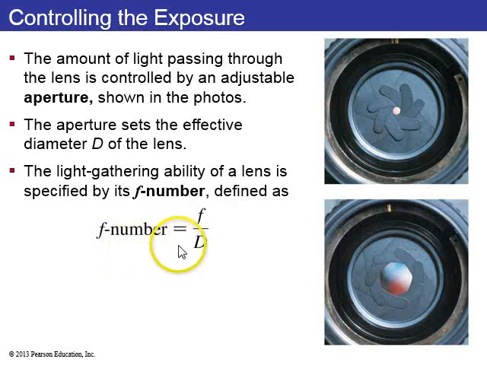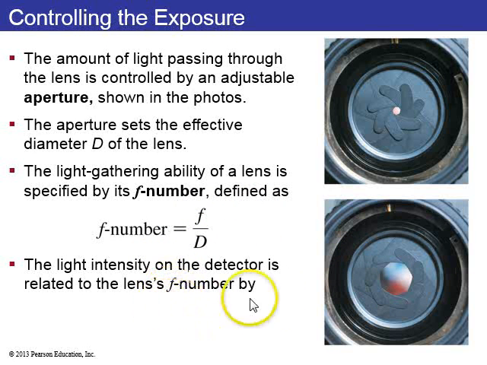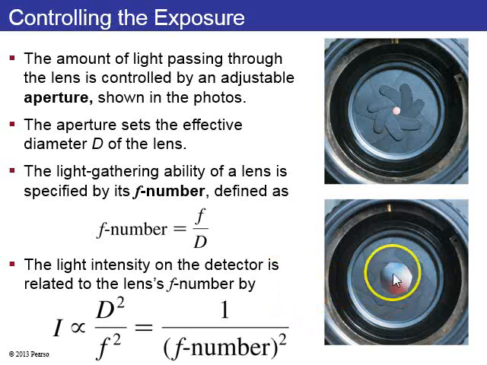So the f number is defined as the ratio of the focal length of the lens to the diameter of the aperture. And so it turns out that the bigger the area of the aperture, the more light is allowed into the camera. And also, the bigger the focal length of the camera, the bigger the image.